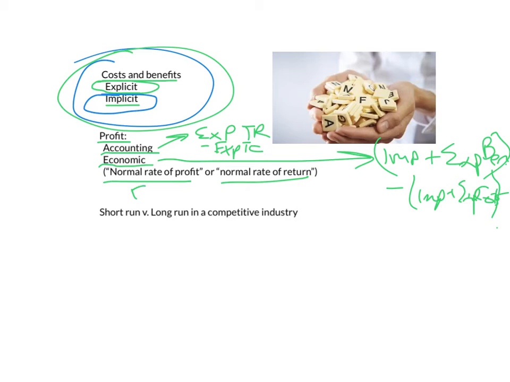This is the situation where economic profit is equal to zero. And that's where firms are doing just as well, no better, but just as well as they would be doing elsewhere in the economy. And that means they're paying their investors a normal rate of profit or a normal rate of return. And that normal rate of return is a normal rate of accounting profit.